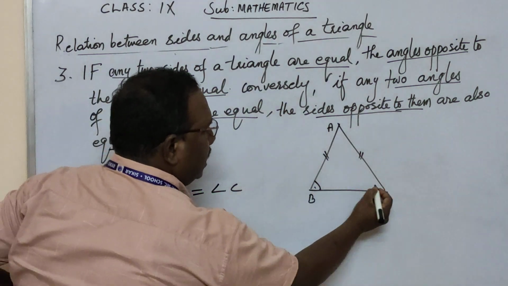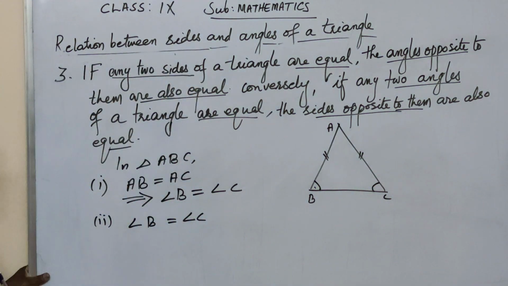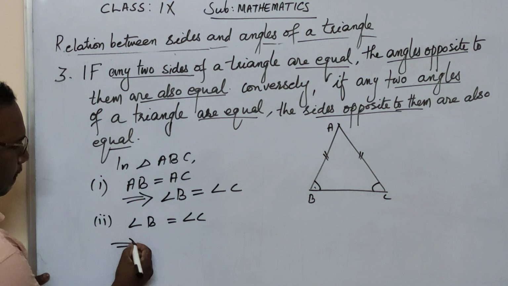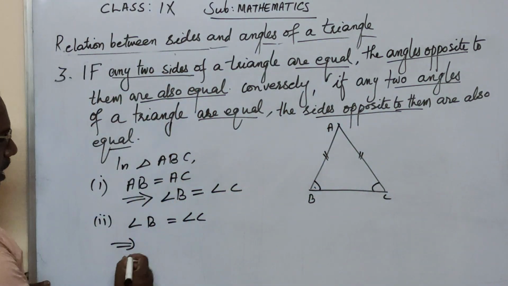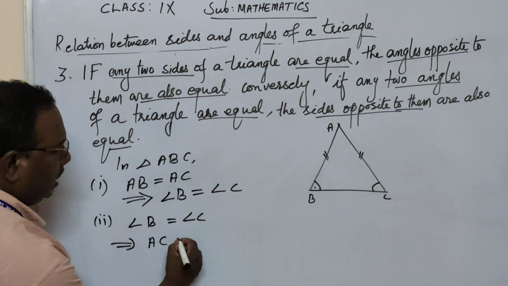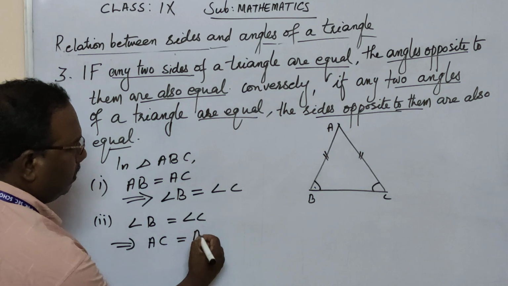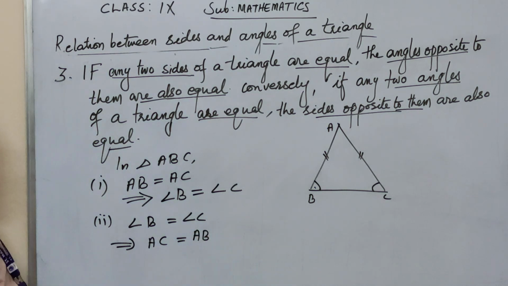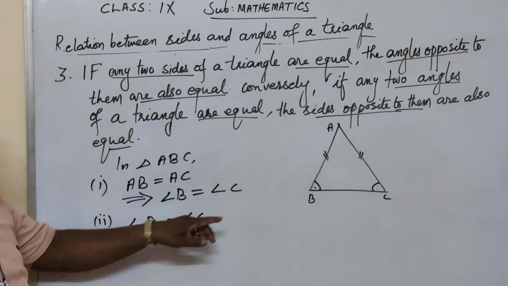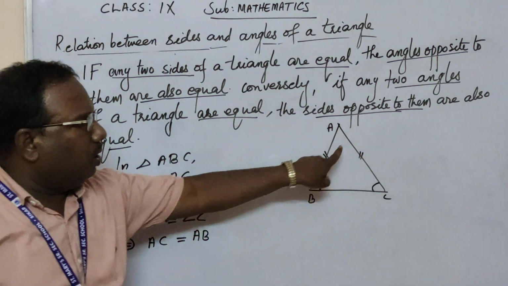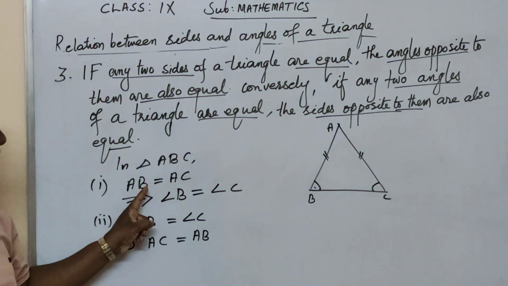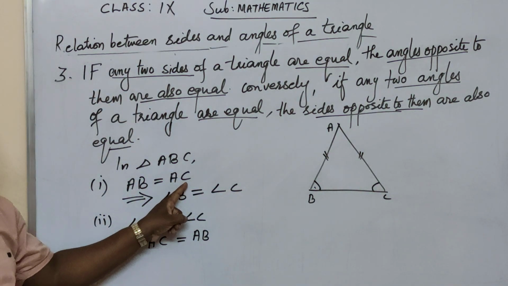angles B and C are equal, which implies sides opposite to them are also equal, which implies AC is equal to AB. Once more, I repeat the same. In triangle ABC, side AB equal to side AC.